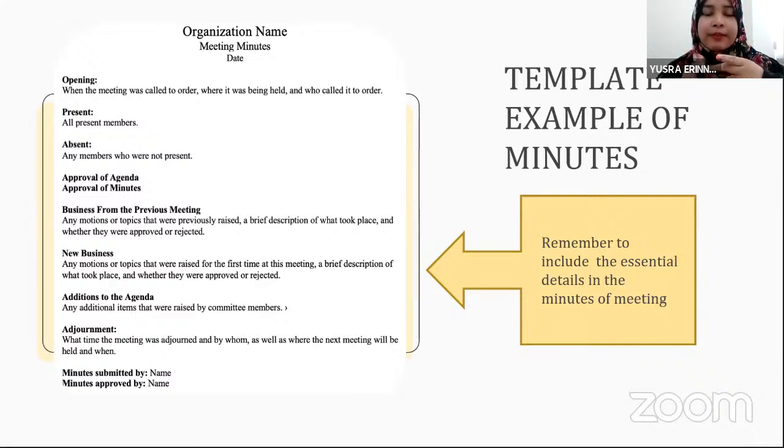If the attendance is being taken online, you can just put here all present members, and then behind the meeting minutes you can attach the attendance.